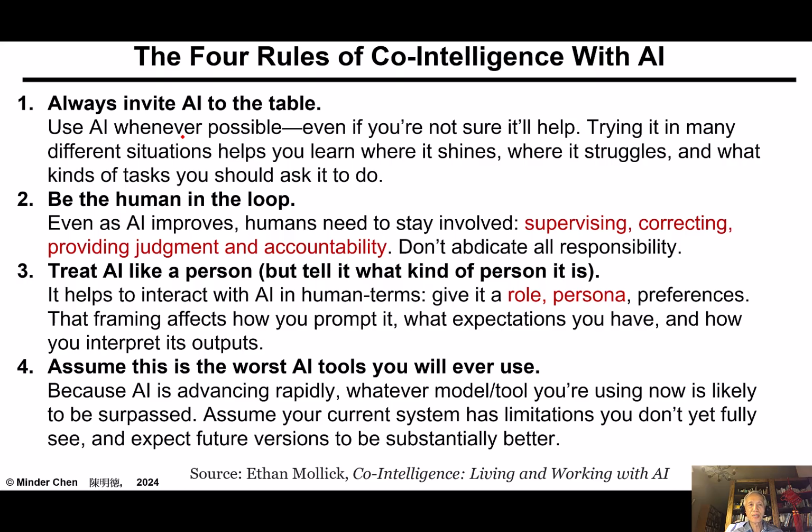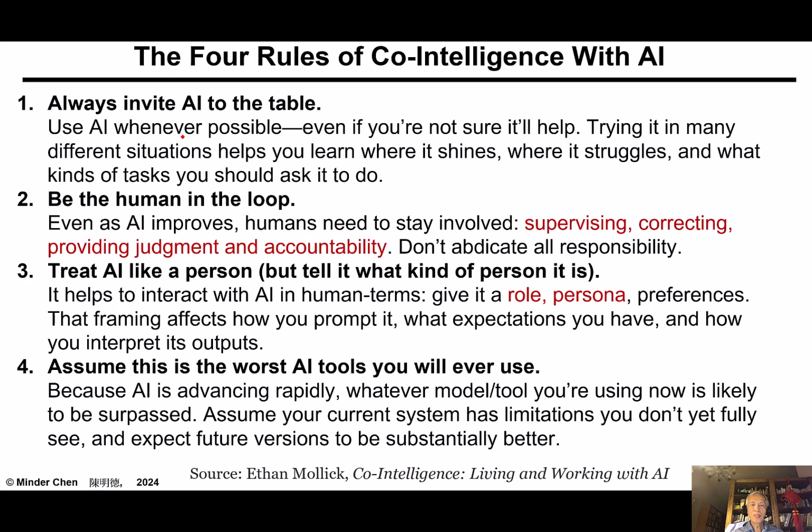So a lot of the time we just say, I don't think it can do this for me, so you don't even bother to ask it. What this principle tries to say is, always try to figure out, can AI or generative AI help me to do this? Give it a try. This is what we mean by always invite AI to the table.